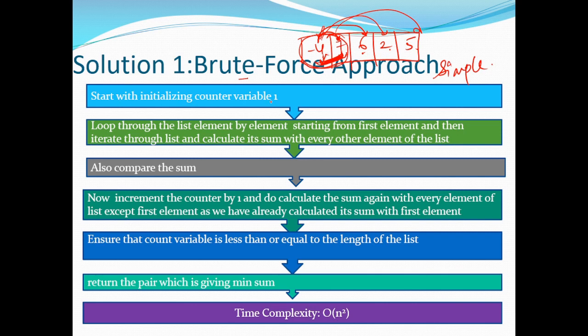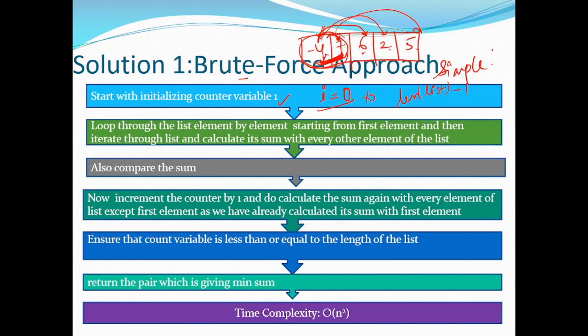So start by initializing the counter variable. The outer loop will move with i starting from 0 to length of list minus 1. We will use the length function here. Why minus 1?